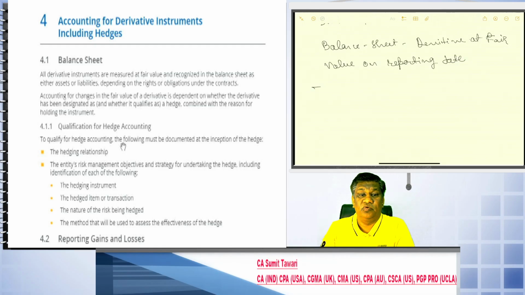All derivatives are measured at fair value and recognized in the balance sheet, either as an asset or a liability, depending on the right or obligation under the contract. Accounting for changes in the fair value of a derivative depends on whether the derivative has been designated and whether it qualifies as a hedge. So we need to see.